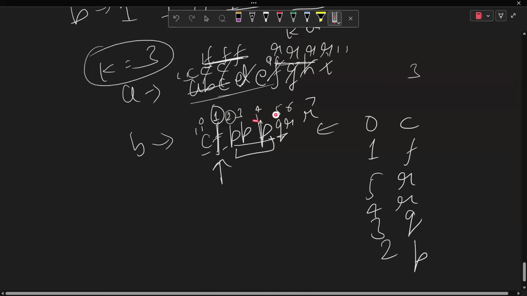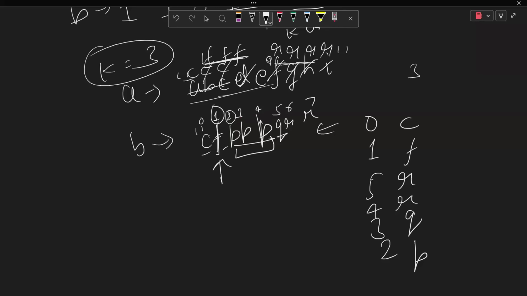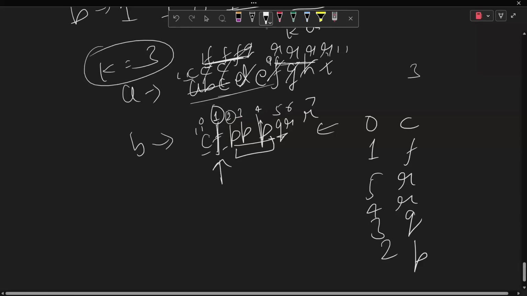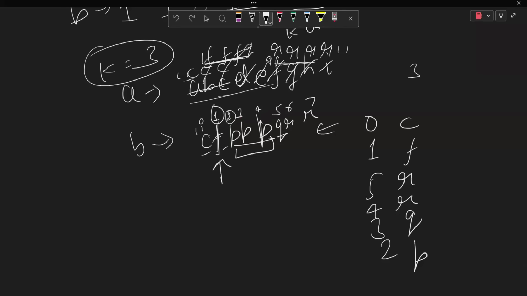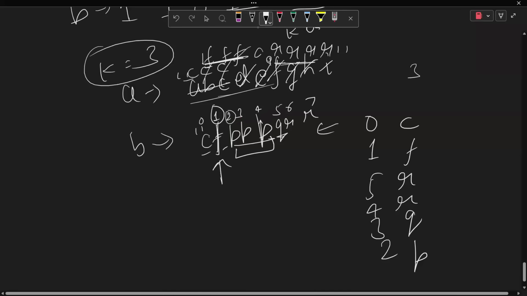You replace this whole thing, indexes 3, 4, 5, by Q, Q, and Q. So you have it like this.